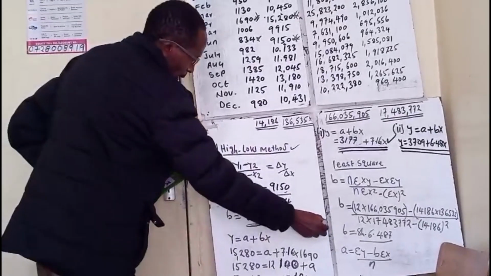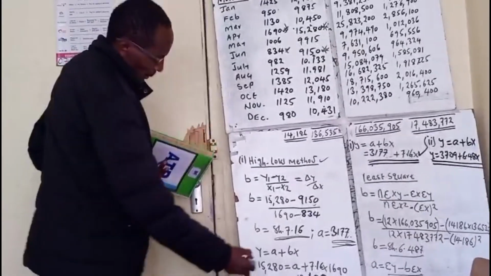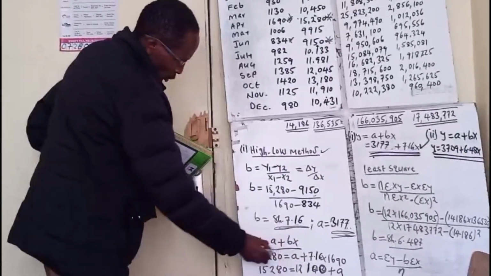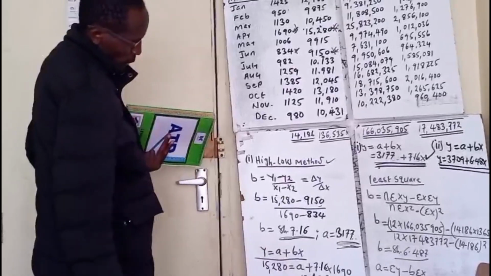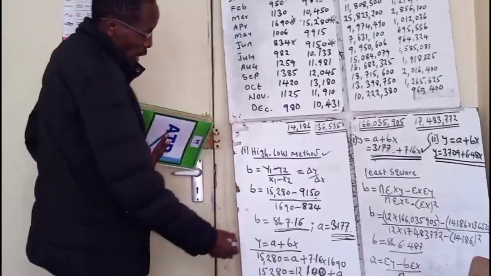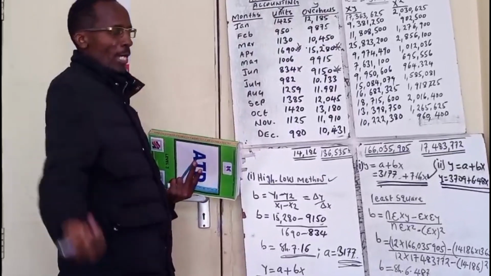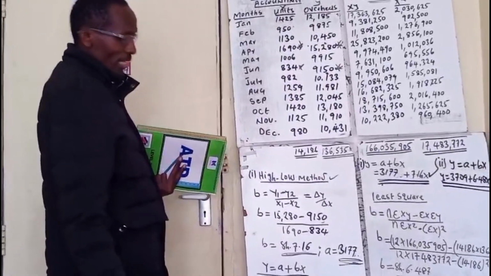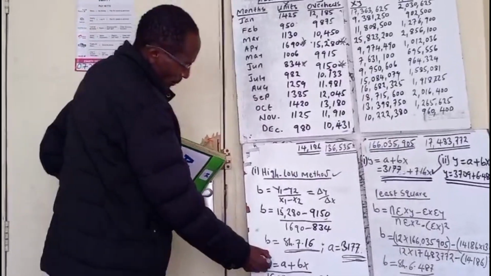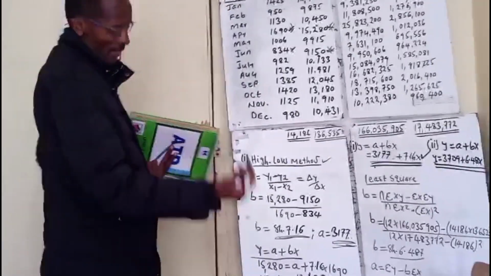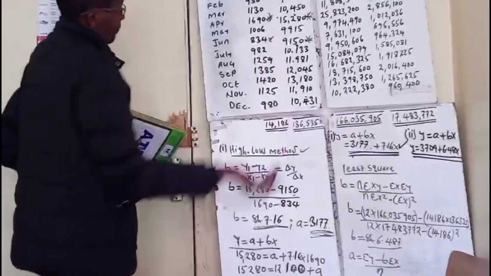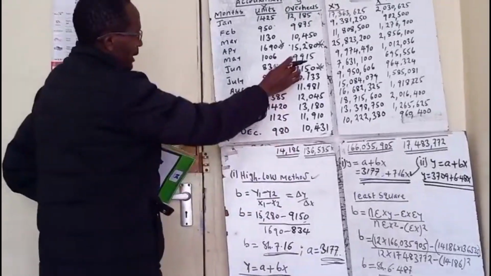Then A, how do you get A? Because you know our equation should be y equals a plus bx. Already we have y, the highest value, and also y as the lowest value. You can substitute y with either 15,280 or 9,150.